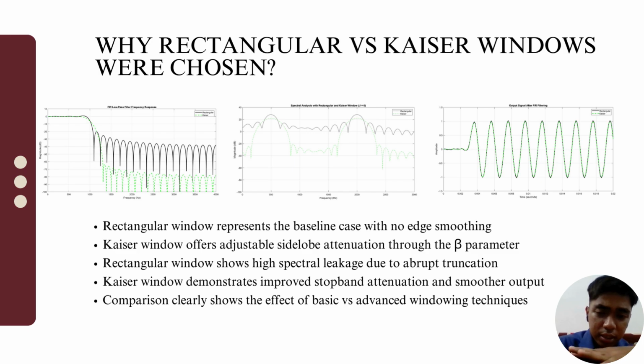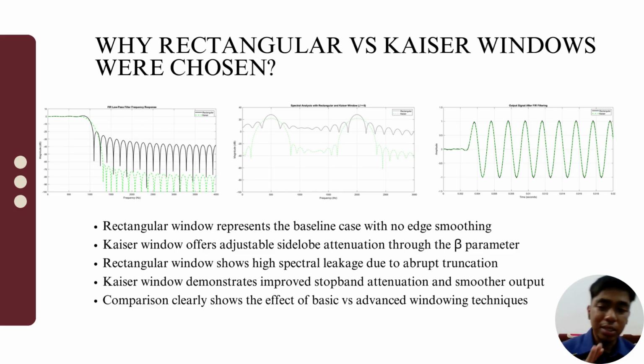In contrast, the Kaiser window, the green line, sacrifices a little bit of steepness, but provides significantly better attenuation, dropping quickly below about negative 60 dB. This means the Kaiser filter is much better at blocking unwanted frequencies.